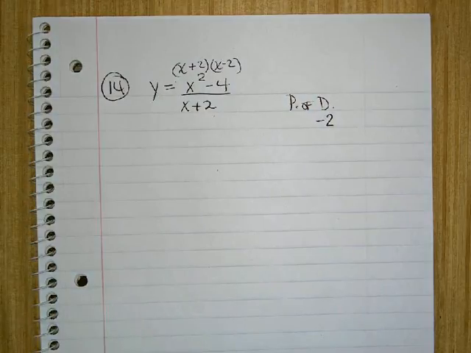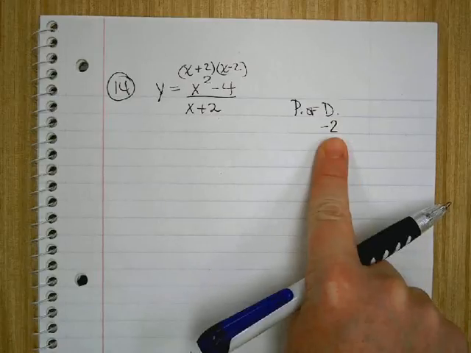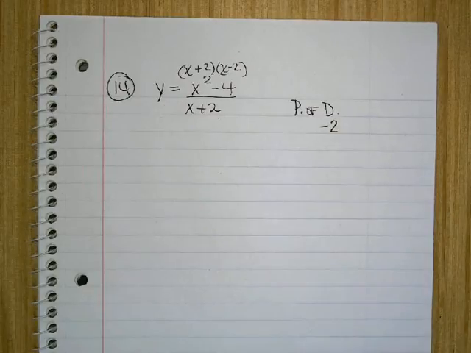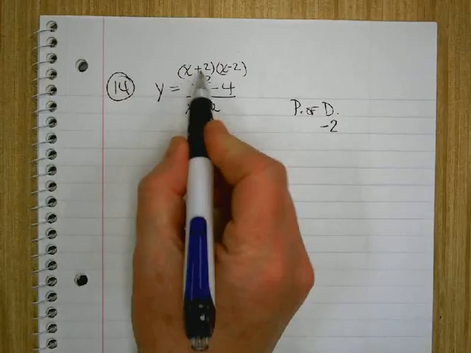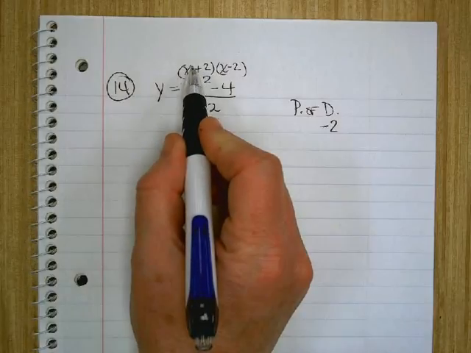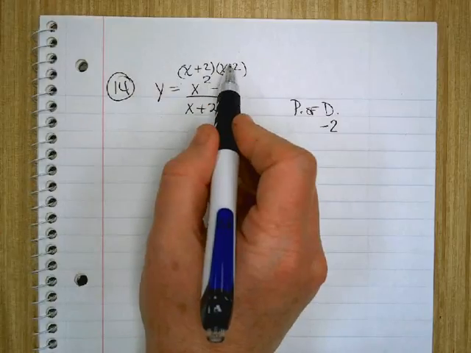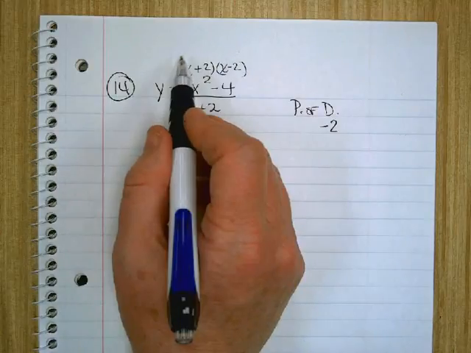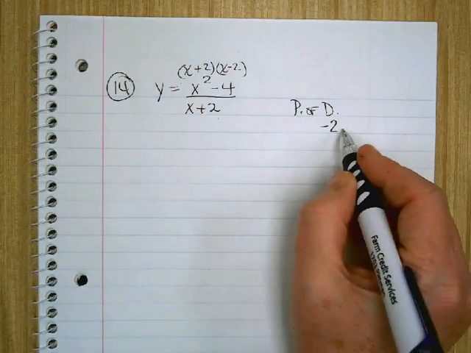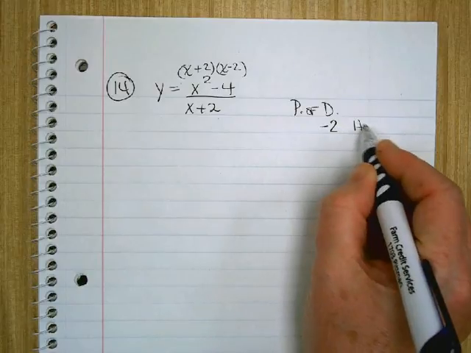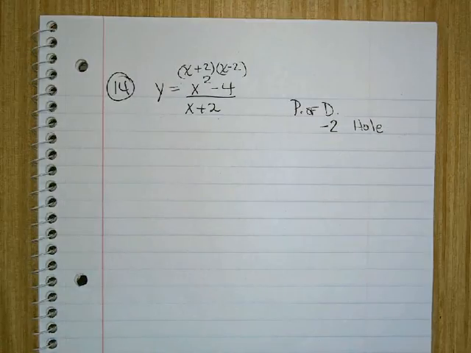Would this -2 cause the numerator to be 0? Yeah, it would cause this one to be 0. And because you're multiplying by 0, it doesn't matter what you're multiplying by, it's going to be 0. But this causes both of them to be 0, so this is a hole. Now, why did I ask you to factor the numerator and the denominator? Because I want to write this function in the simplest form possible. Is there anything in the numerator and the denominator that they have in common?